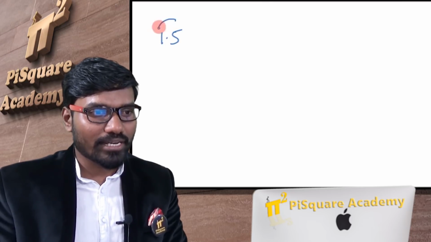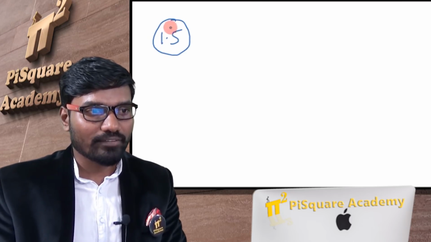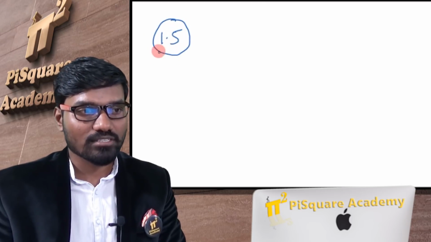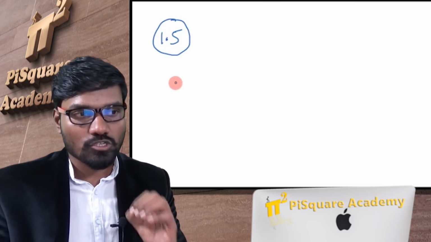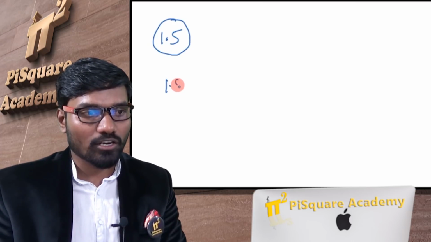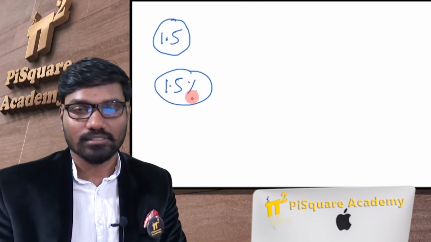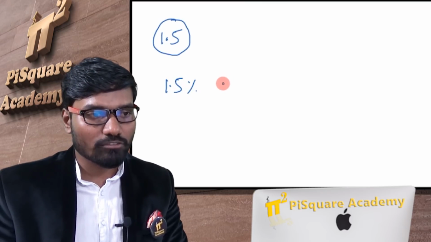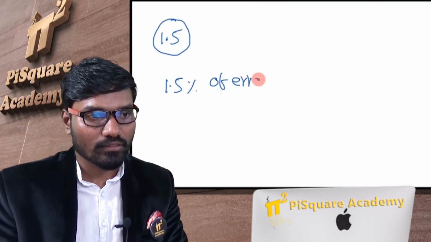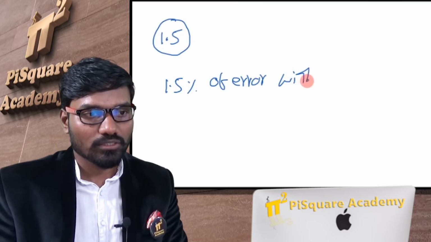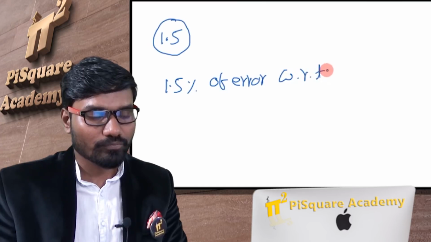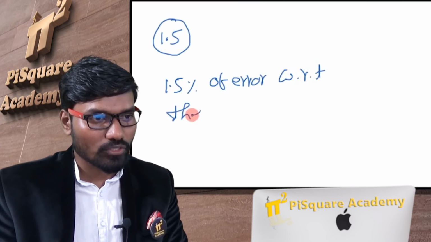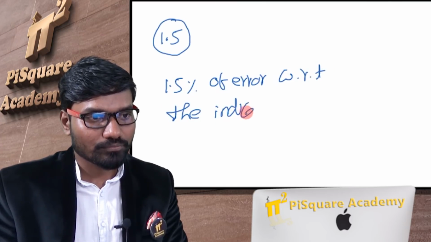Suppose if they give a symbol like this, 1.5 with a circle. If they give it like this, then the corresponding instrument is having an error of 1.5% with respect to the indicated value.